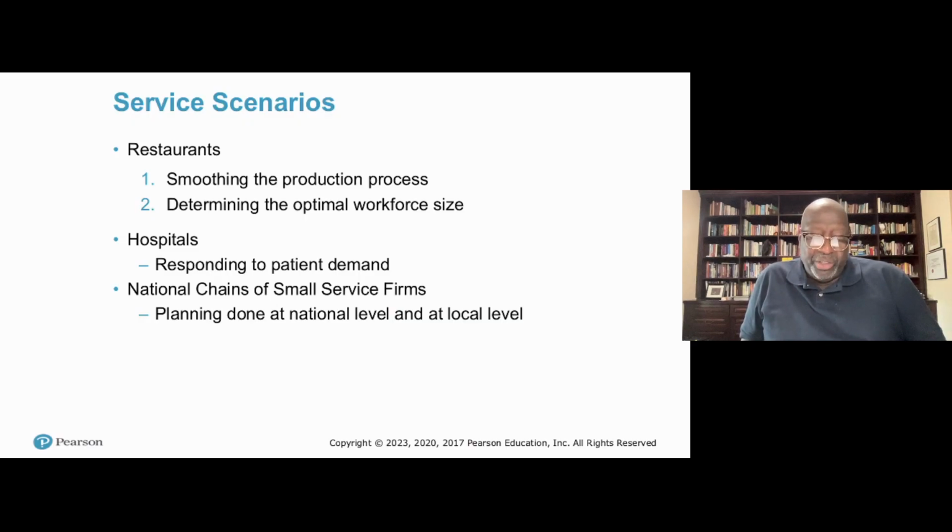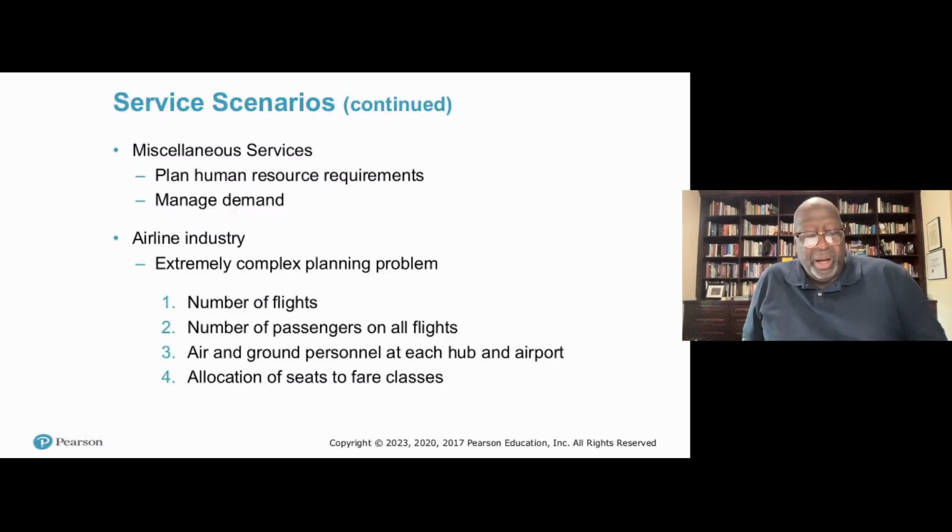Hospitals respond to patient demand. National chains of small service firms plan at the national level and at the local level as well. You could have miscellaneous services that plan human resource requirements and manage the demand. In the airline industry, it is an extremely complex planning problem, as I was alluding to earlier, managing the demand and the supply.